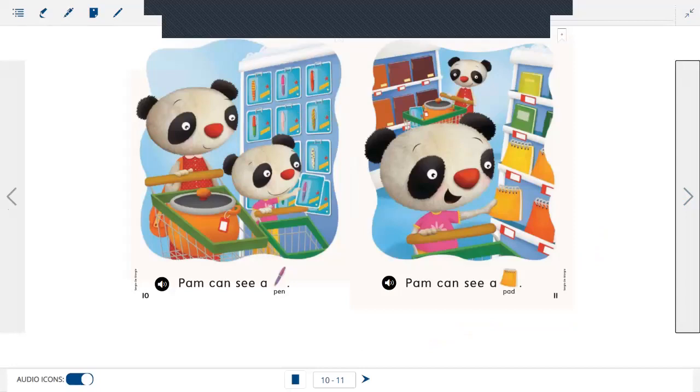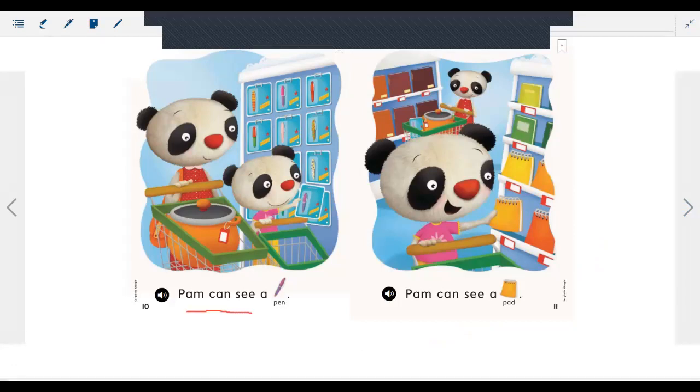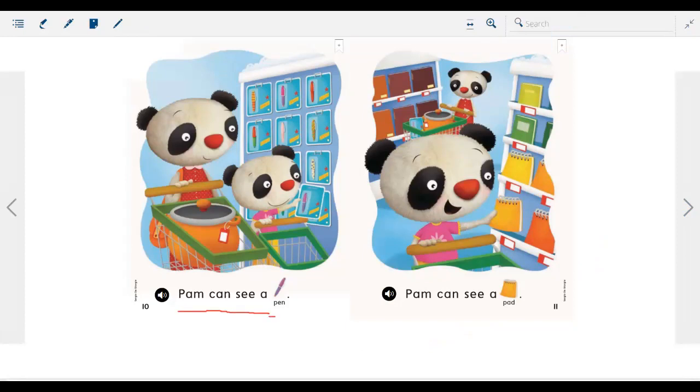All right, I want you to read with me. Pam can see a pen. Let's read it again. Pam can see a pen. Now, did you hear the P sound? Say that sound, P. That sound was here in pen.